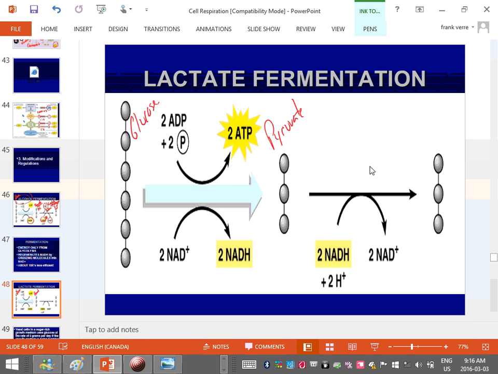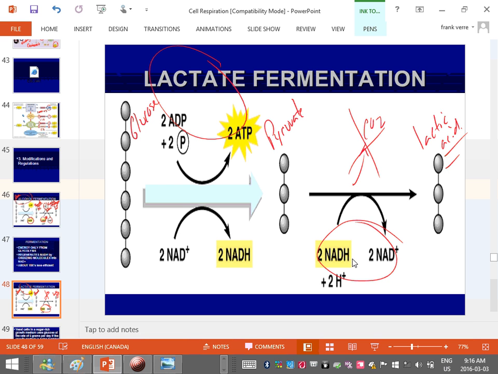And then the pyruvate becomes lactic acid. The only difference between this and alcohol fermentation is there's no removal of carbon dioxide. That doesn't happen. Okay? There's no removal of carbon dioxide. But otherwise, this is still the same, right?